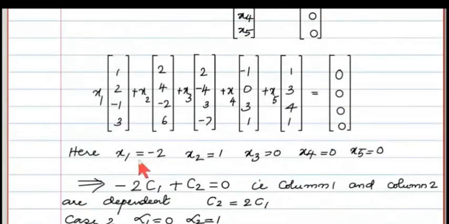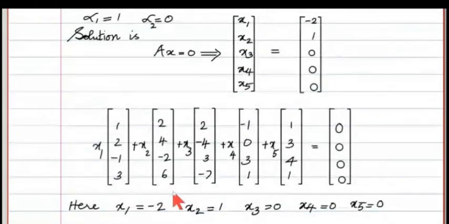Here, we can solve this equation and we will get x1 equal to minus 2, x2 equal to 1, x3 equal to 0, x4 equal to 0, and x5 equal to 0. From this, we will get minus 2c1, that is column 1, plus c2, and all other terms are 0. So we get the equation minus 2c1 plus c2, that is, column 1 and column 2 are dependent. In other words, we can write it as c2 equal to 2 times c1.